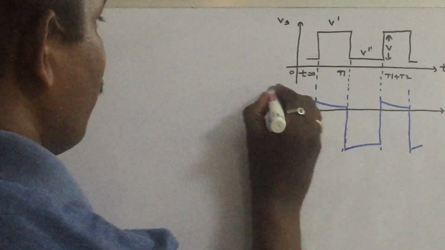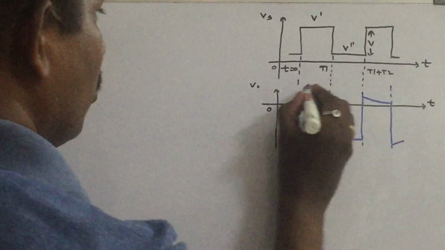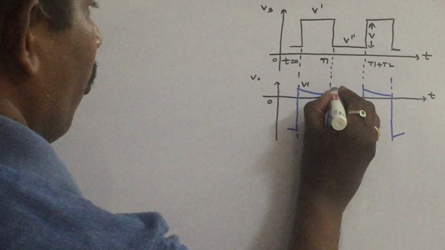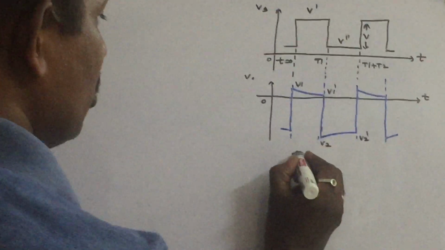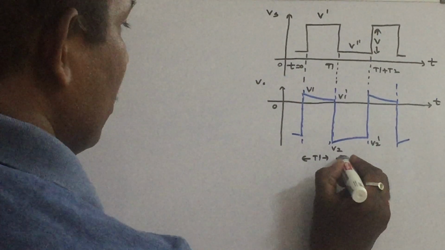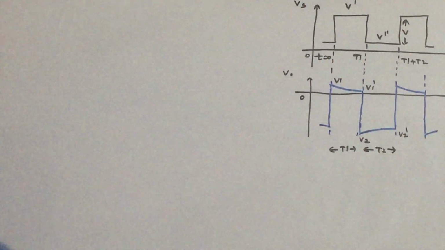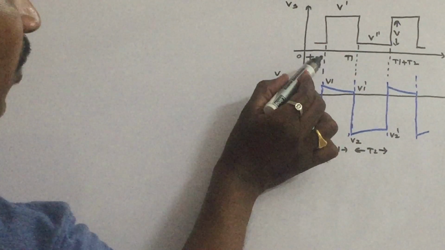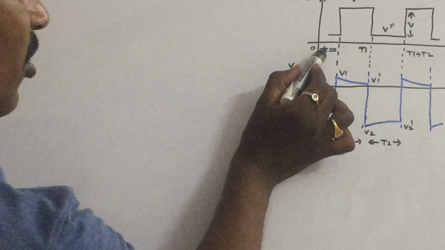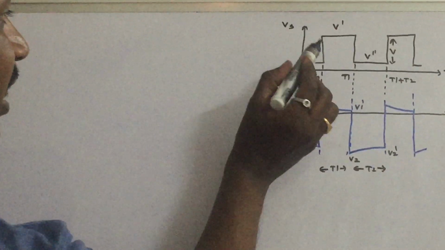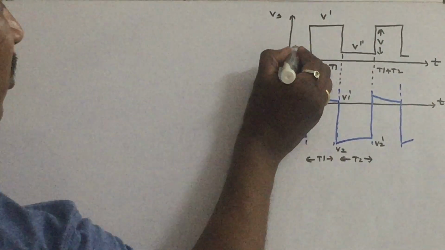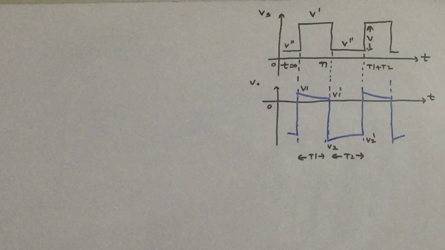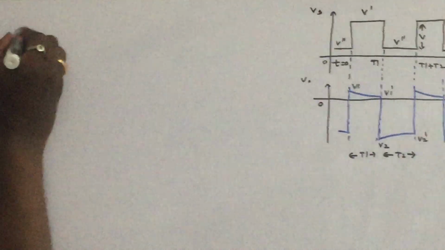This is the output voltage V0 versus T. This one is V1, V1 dash, V2, V2 dash. This duration is T1 and this duration is T2. Let us take the two conditions here: t equal to 0 minus, what are the circuit conditions, and t equal to 0 plus, what are the circuit conditions. This voltage is also V double dash.